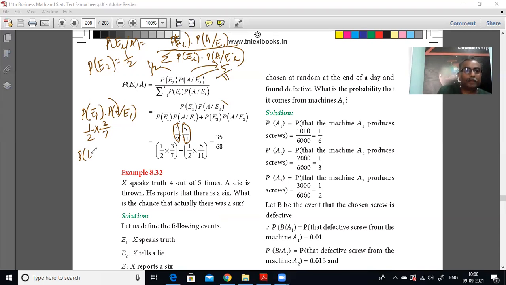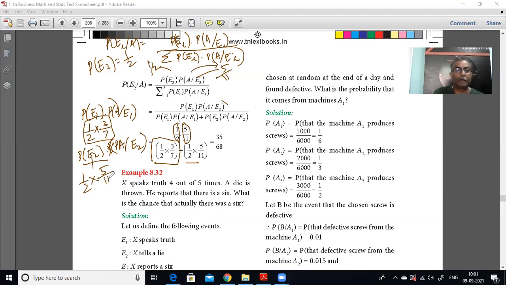Second one is P of E2 into P of A given E2. P of E2 is again half, and P of A given E2 this time is 5 by 11, the probability of pulling a red ball from bag 2. Now you multiply all of this.